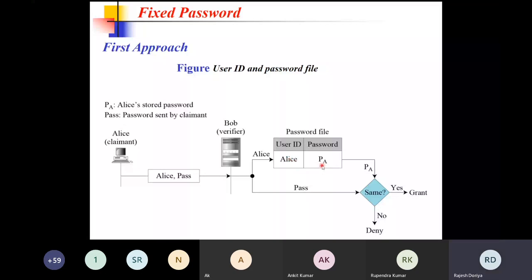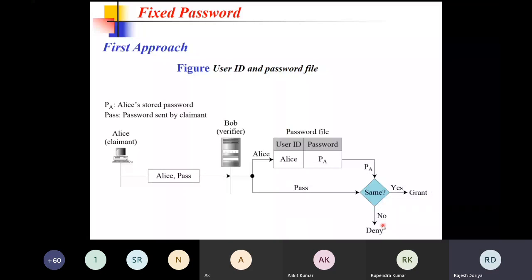Okay, so this table is being preserved by the verifier. In this case it is Bob. Okay, Bob is the verifier. So the moment Alice presents her identity along with the password, it is matched with the stored password. If it matches, then the access is granted to Alice, otherwise the access is denied.